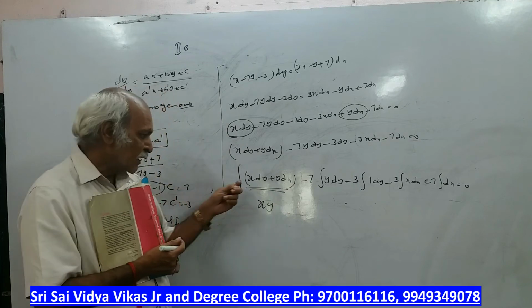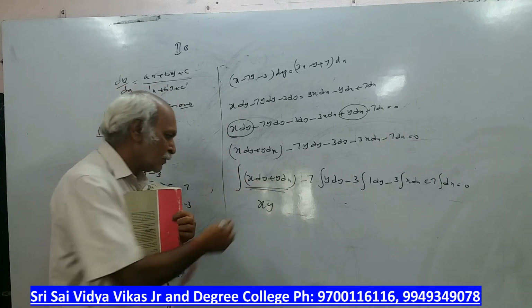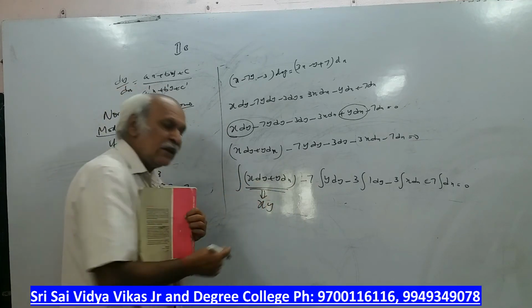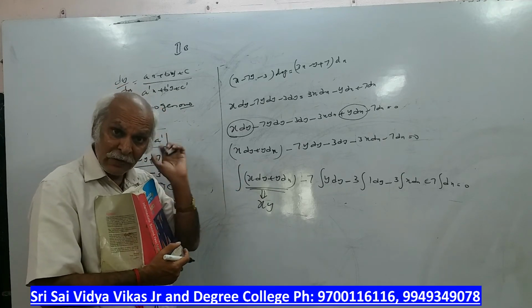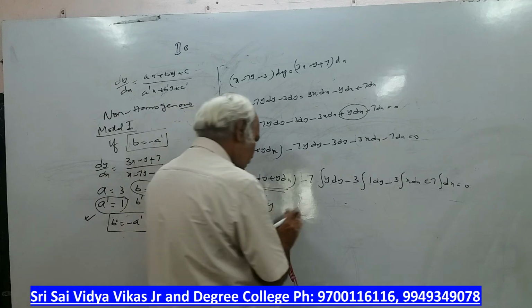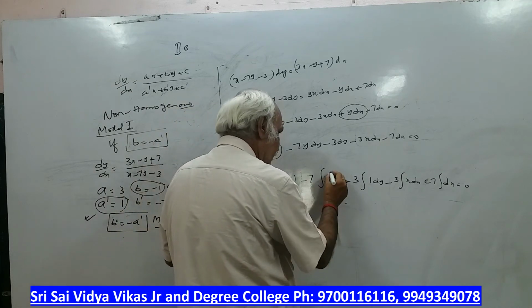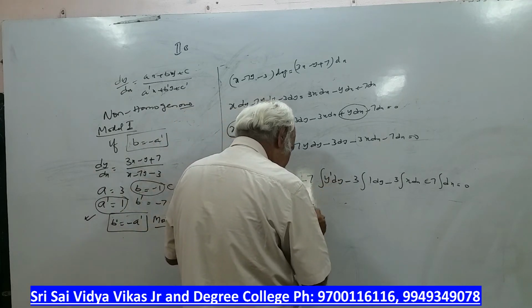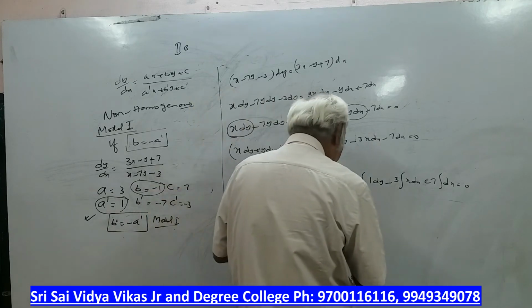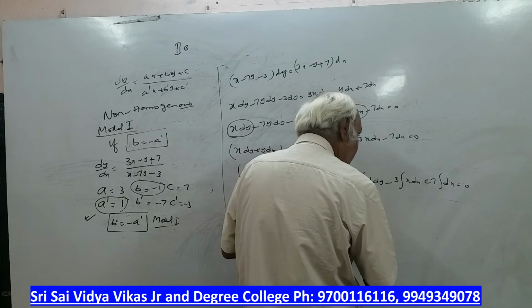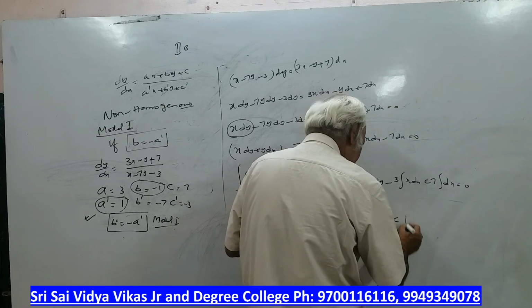Integration of x dy plus y dx, you have to remember this. What is that? It is xy. Always the first term will be xy. Then here, minus y derivative integration is y square by 2. Minus 1 derivative y integration y. Minus 3x square by 2 minus 7x is equal to c.